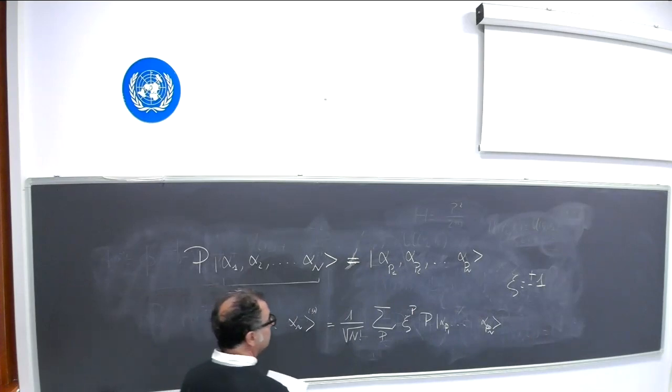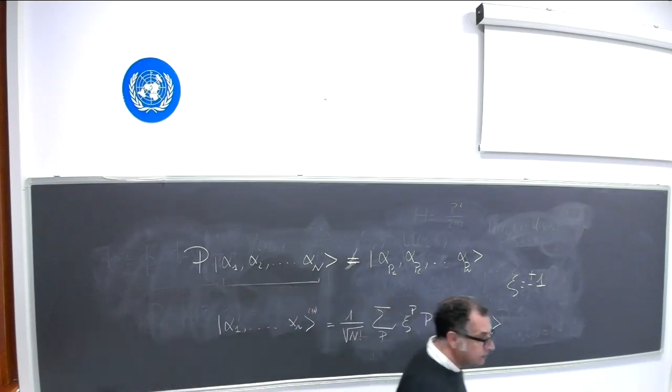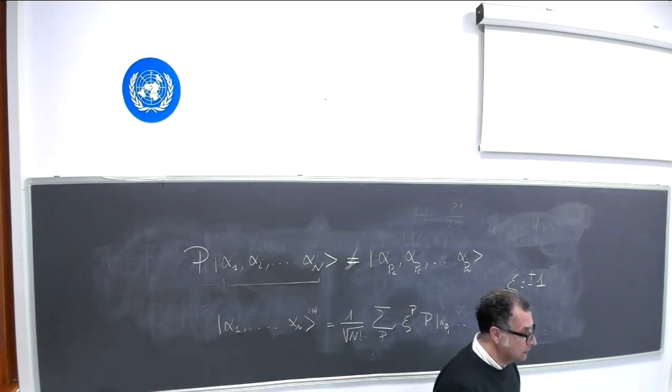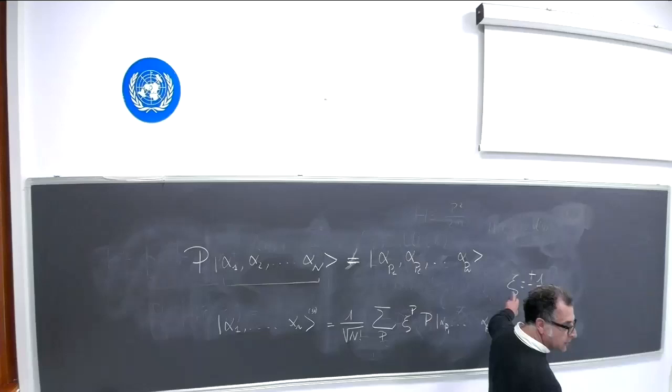Is this clear? So psi is the sign to distinguish between fermions and bosons, that is, between the symmetries. This sign is called psi, not epsilon.